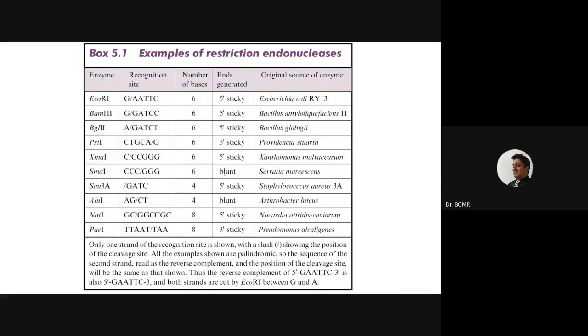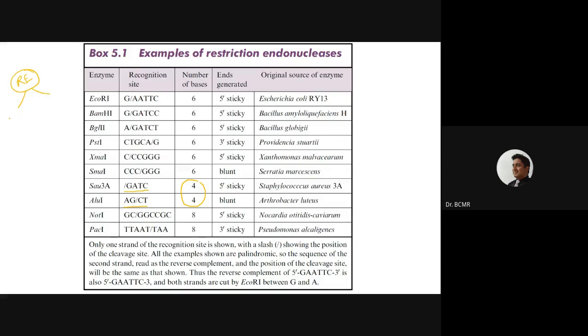And we learned that there are many different types of restriction endonucleases, and some of them are 4 base cutters. That means their recognition sequence includes about 4 bases. For every restriction endonuclease, there are 2 properties.